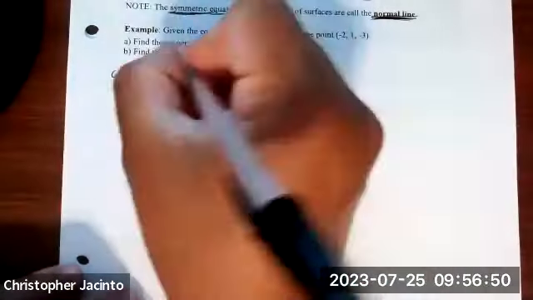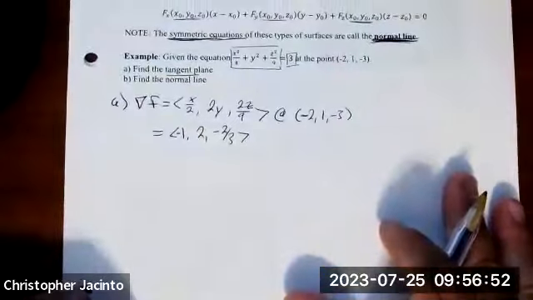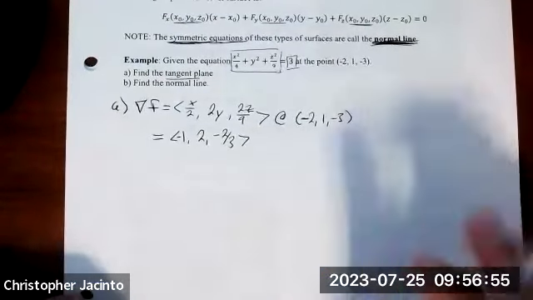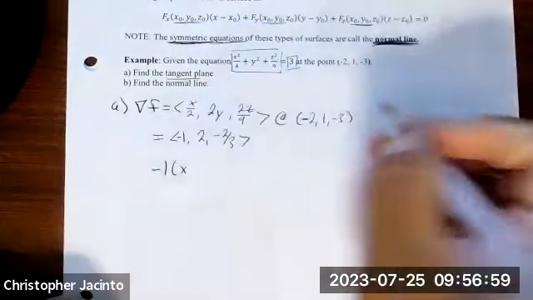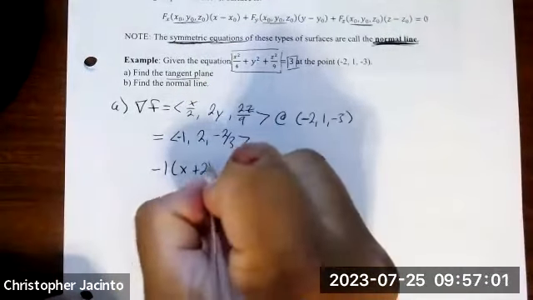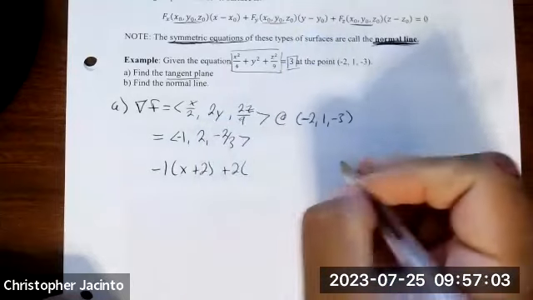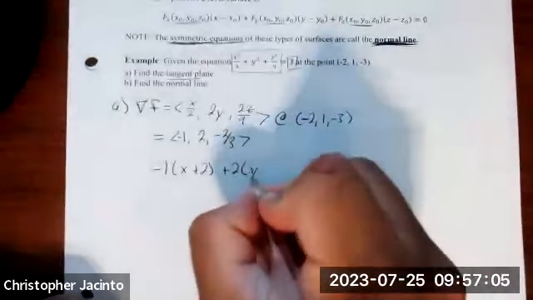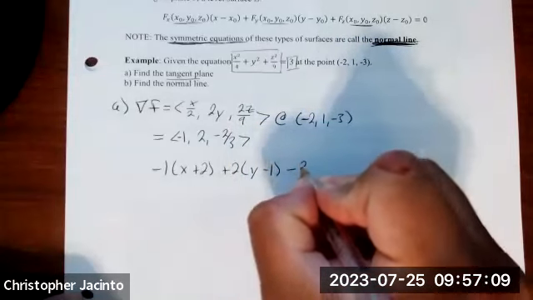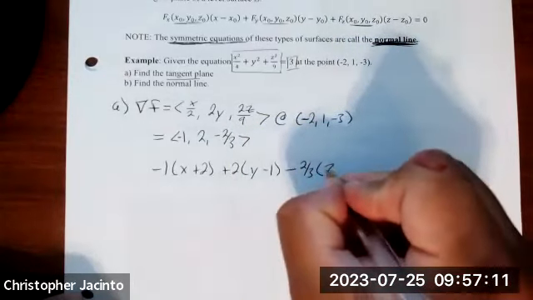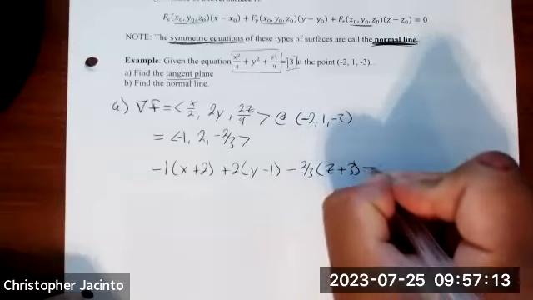So now our tangent plane is just going to be this: -1 times (x plus 2), plus 2 times (y minus 1), minus 2/3 times (z plus 3) equals 0.